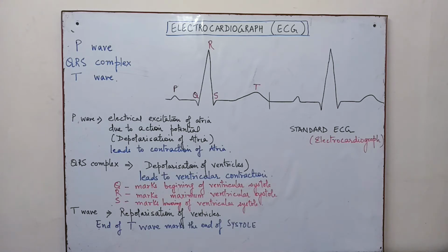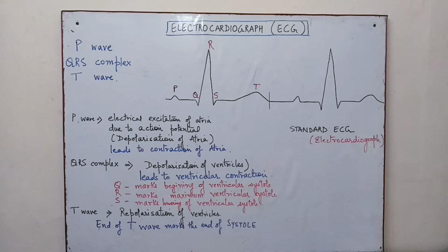When we are connecting, this represents the general flow of electric current through the heart, because anatomically we have seen that SAN is approximately towards the right arm, because it is situated towards the right ventricle, right auricle, and the apex of the left ventricle is towards the left foot.